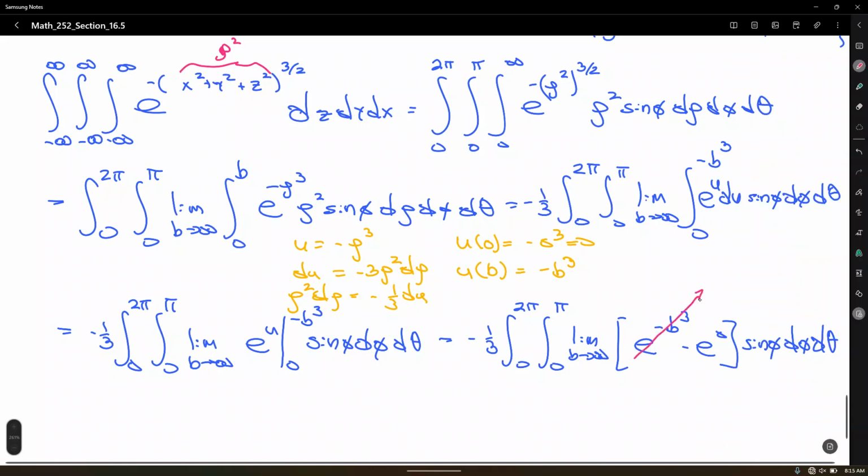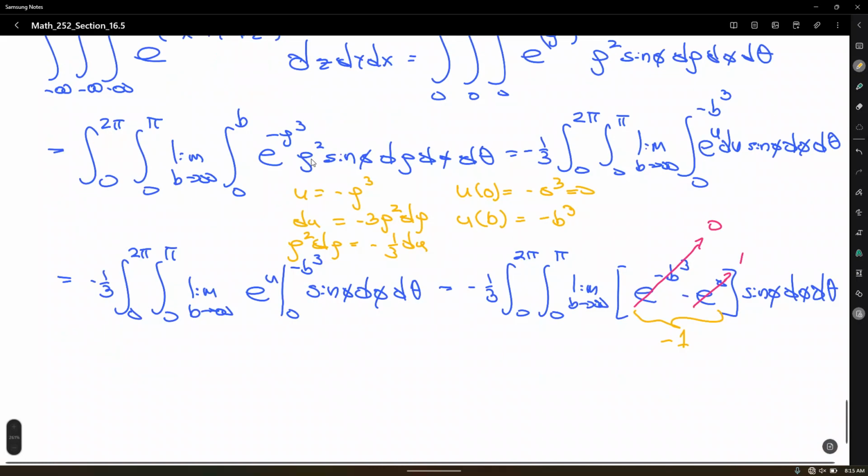Where is e to the negative b cubed going to go as b approaches infinity? 0. And what is e to the 0 again? It's 1. All right, so here we're going to be left, check this out, with a negative 1 right here. So this negative 1 that we get inside of this bracket, multiplied with the negative 1/3 outside, turns it into a positive 1/3.